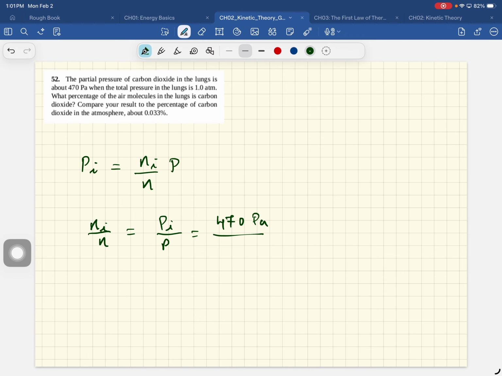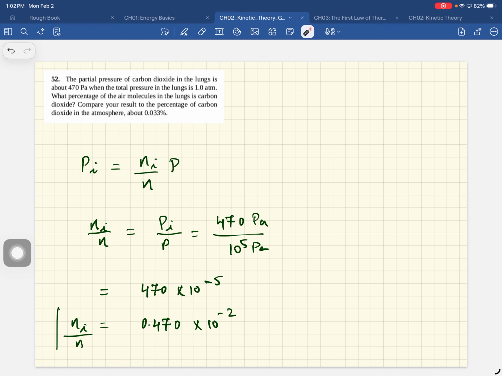Compare that result to, okay, so this is 0.47%. And the normal percentage in the atmosphere is 0.033%. Okay, so 0.47% divided by 0.033% is about 15.